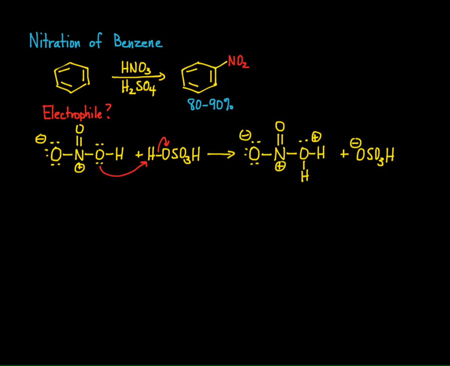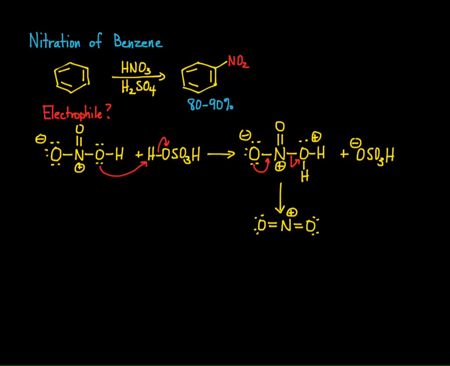So now what happens? Well, this protonated version of nitric acid is now going to, so the negative oxygen can donate a pair of electrons onto the nitrogen and kick off water. The result is I get this species. So notice nitrogen still has a positive charge on it.